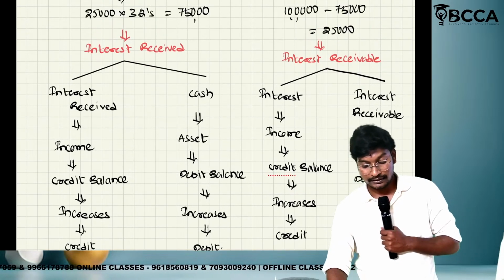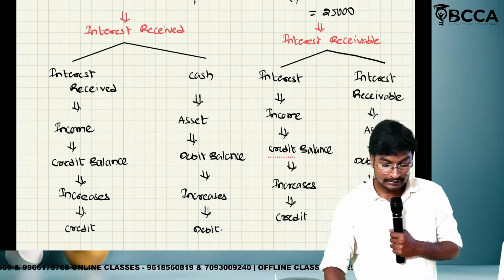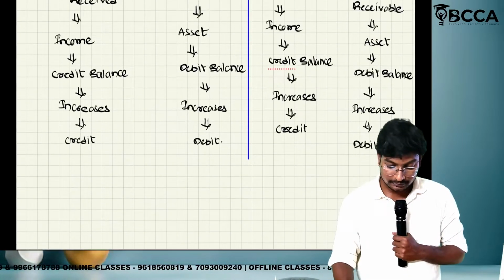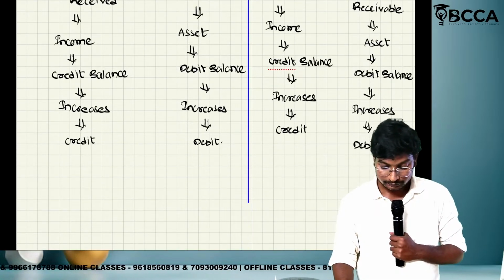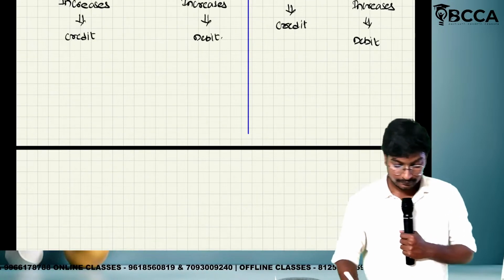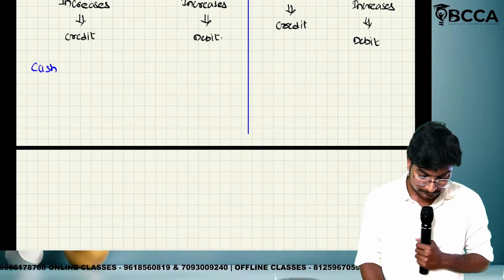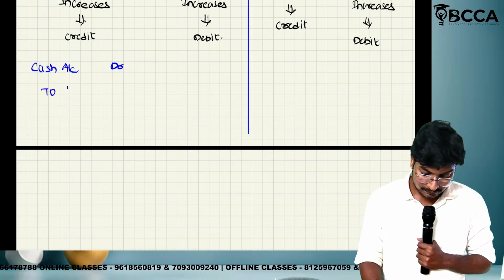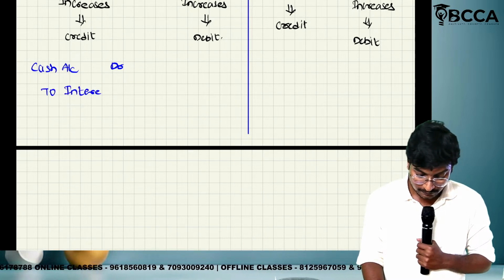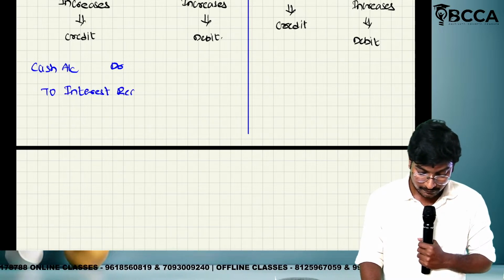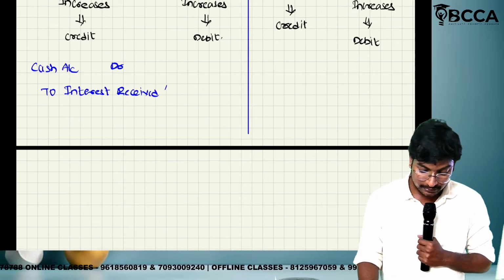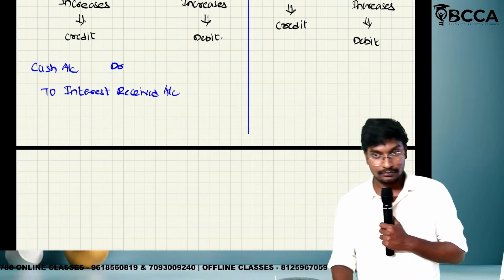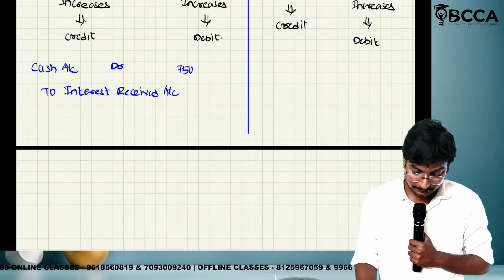So now we have to write the journal entries. What is the journal entry in interest received? Cash account debit to interest received. How much? 75,000.